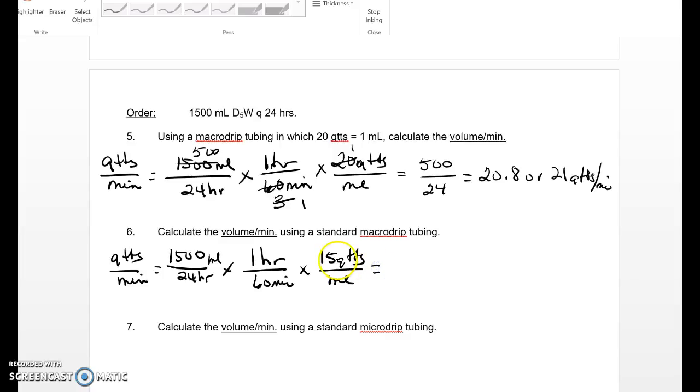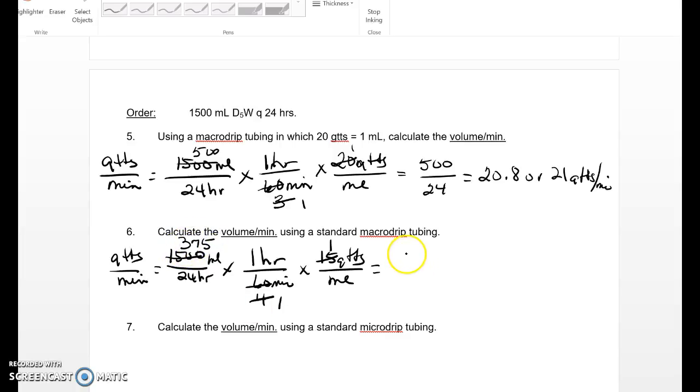Okay, we know that I can go right there. 15 drops, 60. Will 4 go into 1500 evenly? Yes, it will. 375.